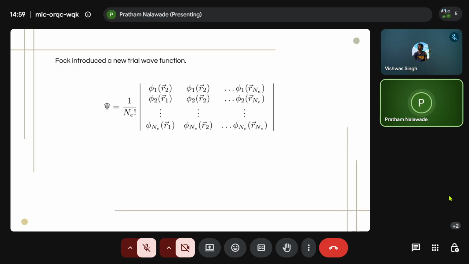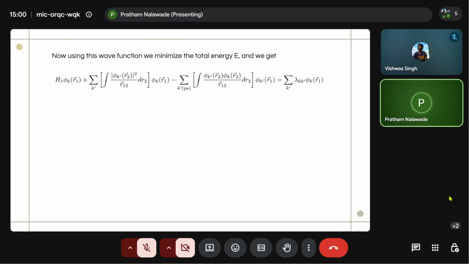So using this wave function, we do the same process again, and this is the Hartree-Fock equation we get. You see the first two terms are exactly the same as the Hartree terms, but there is an addition of a new term here, which we call the exchange energy term. This exchange energy term has come because when we exchange two electrons, the parity flips.